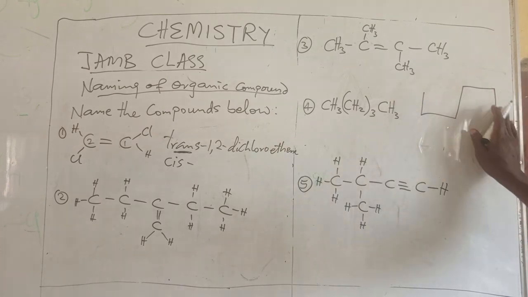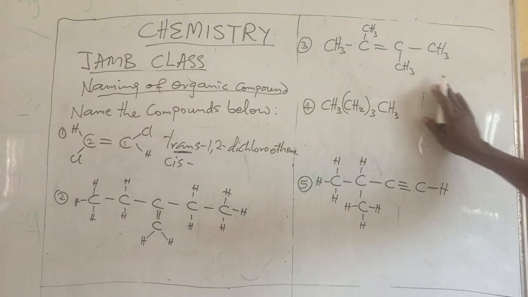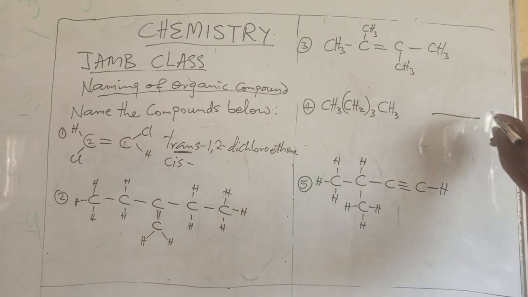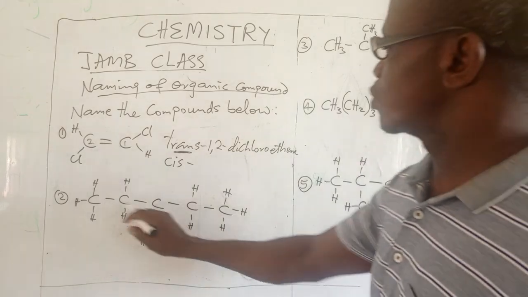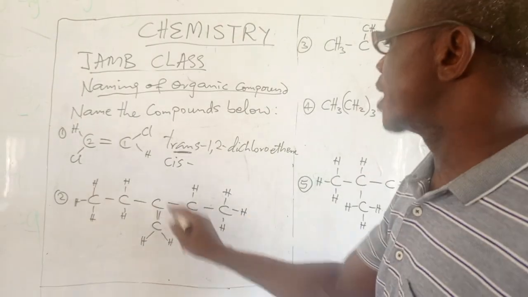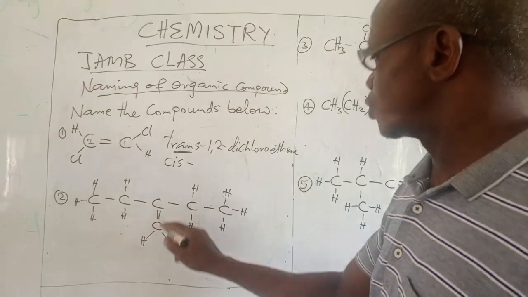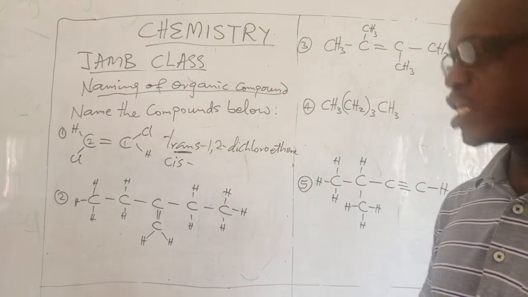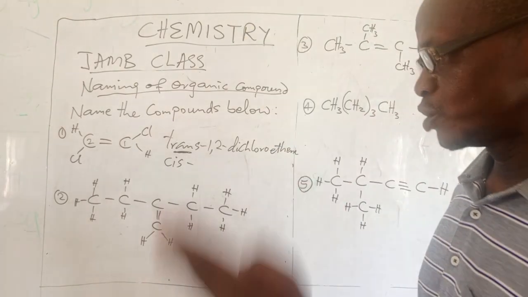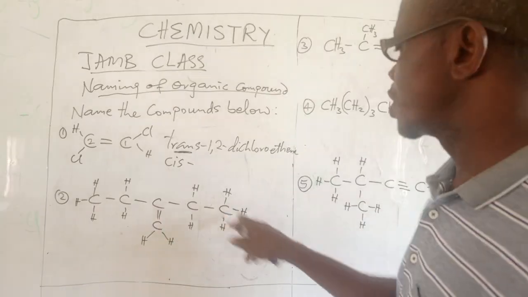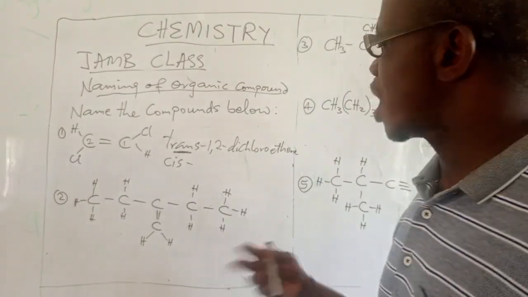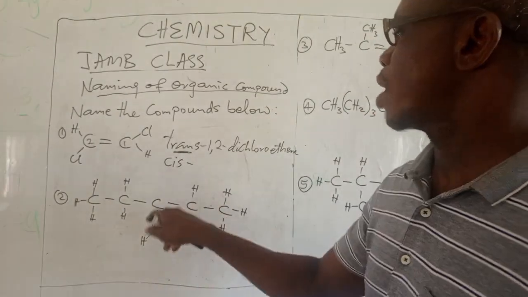So now, not until it goes straight. That's the reason we can use this side, we can also use this side, just to make sure that the double bond is in that chain. If you count from here and here, you have the same number, 1, 2, 3, 4, 1, 2, 3, 4.